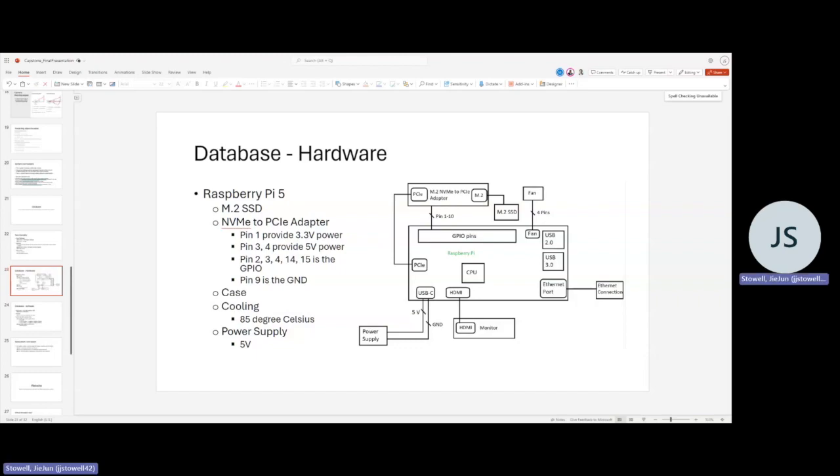To connect the M.2 SSD to the Raspberry Pi, an NVMe to PCIe adapter is used. And inside the NVMe to PCIe adapter, you have a few pins that provide the power needed and the input and output for the M.2 to function.